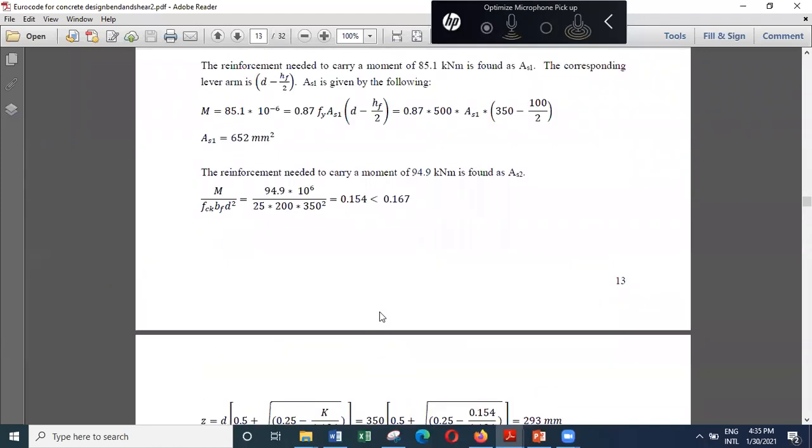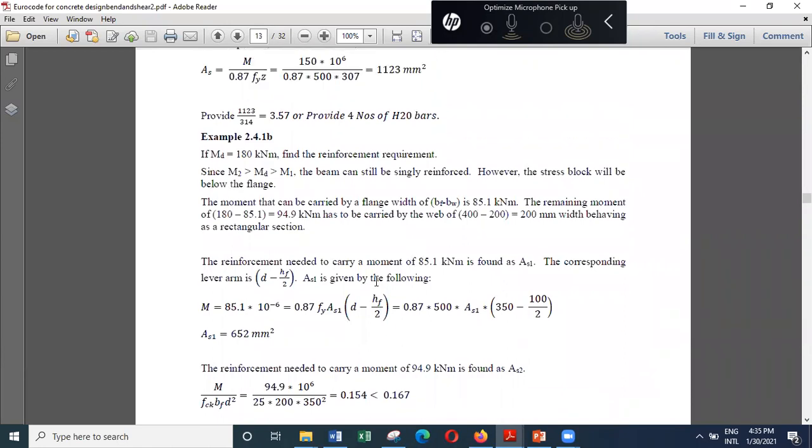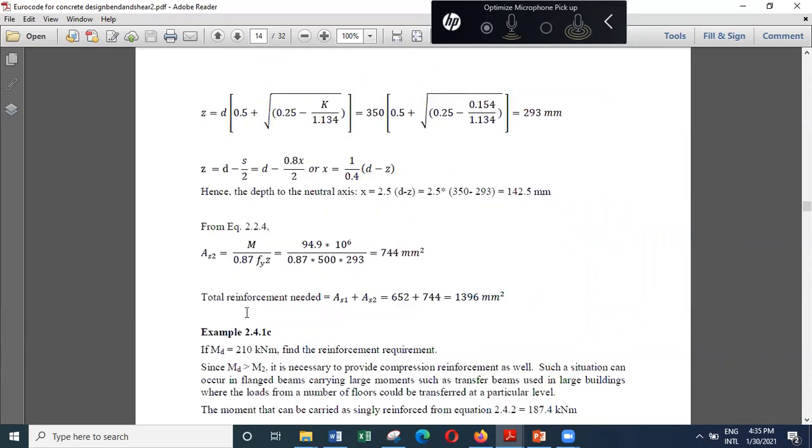And we can also calculate the reinforcement that is needed to carry a moment of 85.1, because we know the lever arm. So we need 652 millimeters square to carry 85.1 using the flange area, and by considering the rectangular area, we need 744.